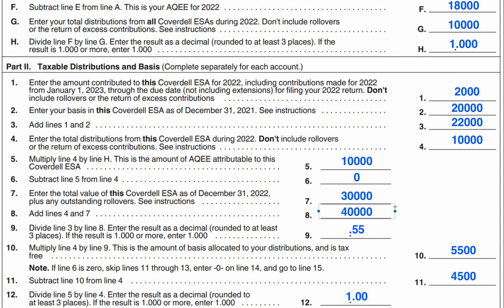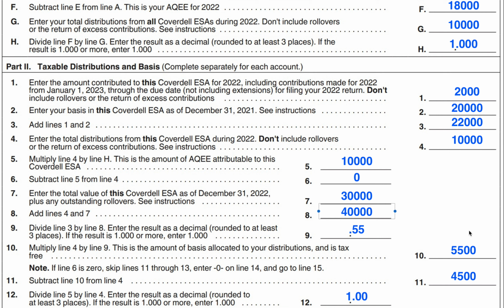So at some point, the $30,000 at year end plus the $10,000 that came out of the account, that adds up to your $40,000. So this, we're going to divide line 3 by the $40,000 and we get 0.55.